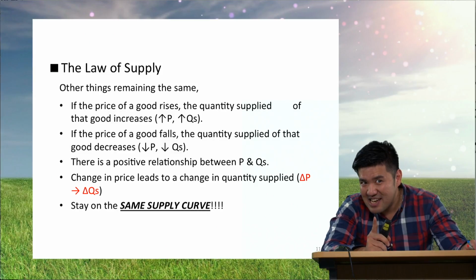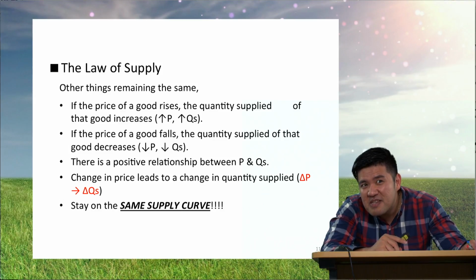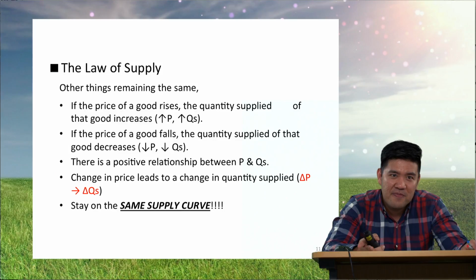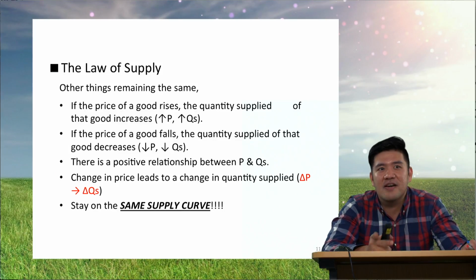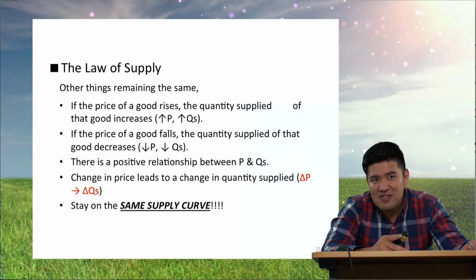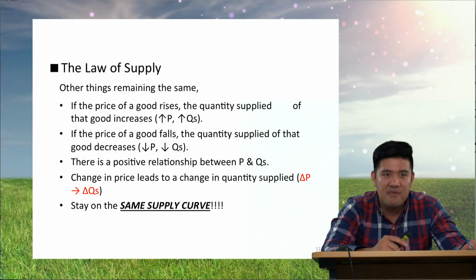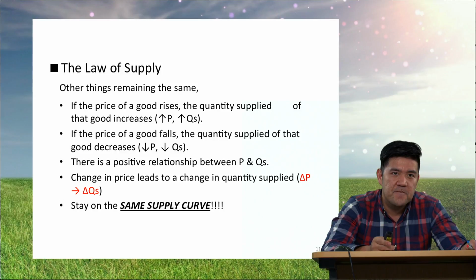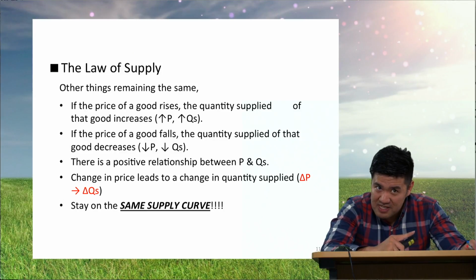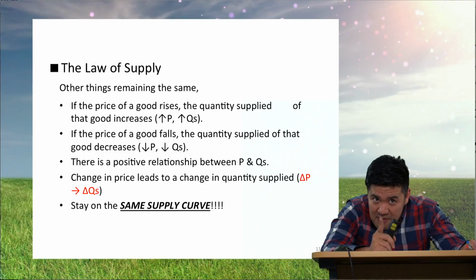Just like what we discussed with demand before, guys. When we change the price, we're just talking about movement along the same supply curve. All right? The same principle applies to what we did with the movement along the demand curve, right?